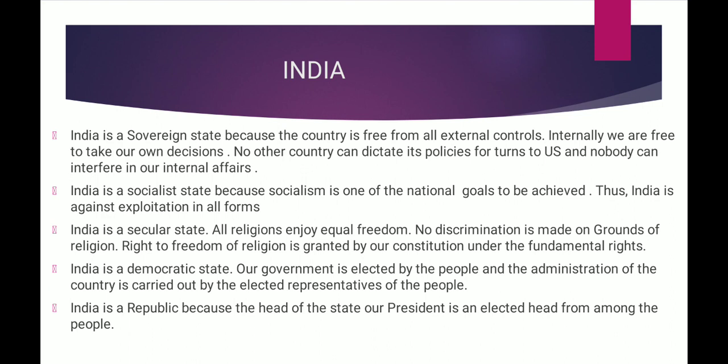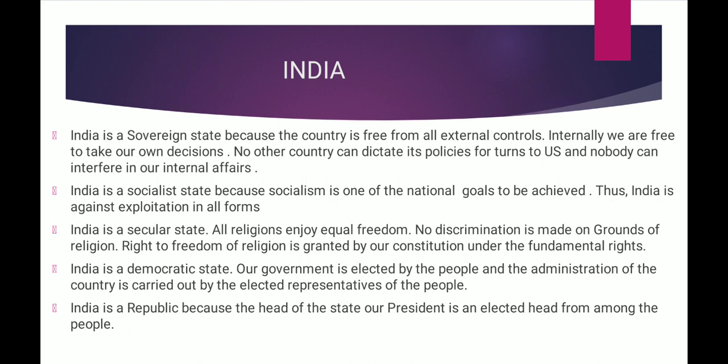But no country can take any decision or speak against our country because that matter is our internal matter. For that cause, India is a sovereign state.